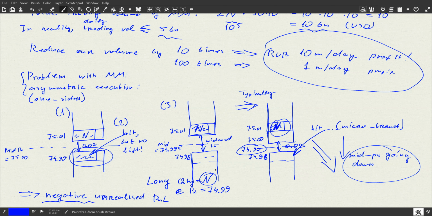In this case you lock in a small loss in the hope that next iteration when this downward trend is over, you again place best bid, best ask, and then you earn something. So trends are the main enemies of a market maker.